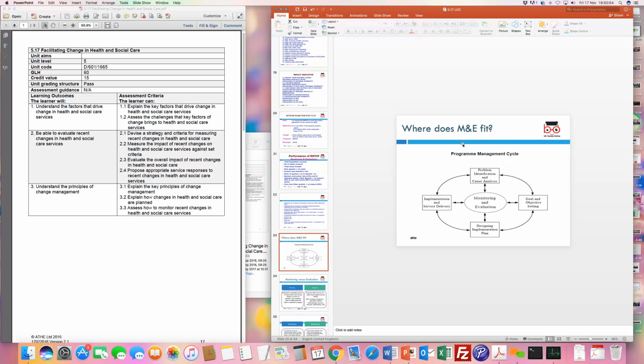So the monitoring and evaluation cycle was put into place with this program. And this program looks at a 4-step process of identifying the problems. Once the problem and its cause are identified, they look at setting some goals and objectives of how to improve on the cause and analysis of the problem.